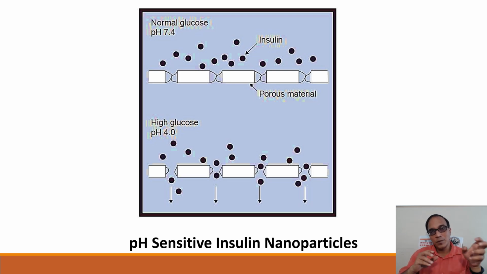Only at that time will the insulin be released, and in the form of nanoparticles it will be absorbed very effectively. When the pH is normalized, the insulin release will again be checked. In this way we can also explore insulin nanoparticles. The pH sensitive insulin nanoparticles are used for diabetic patients.